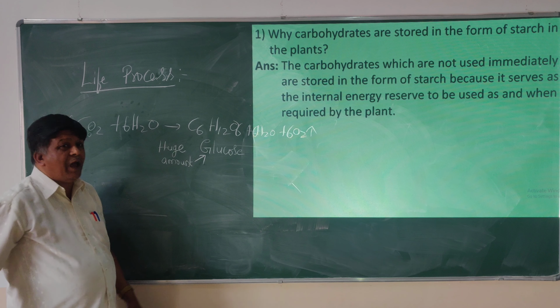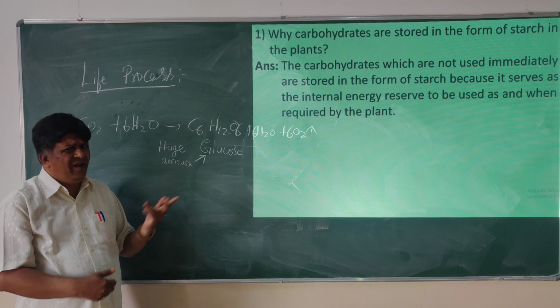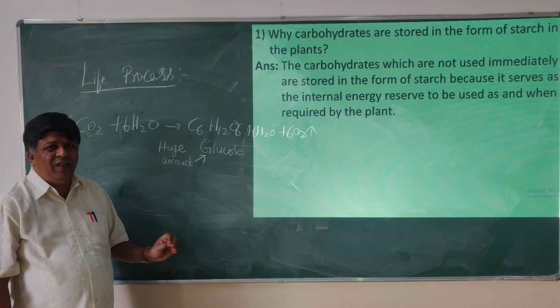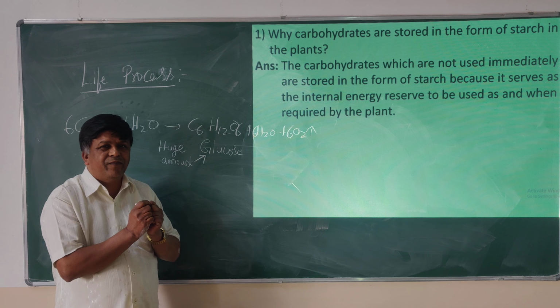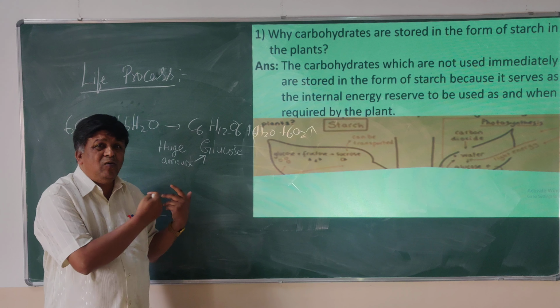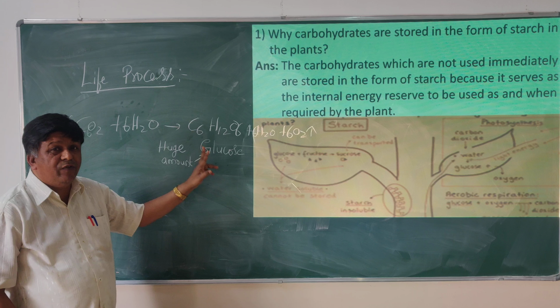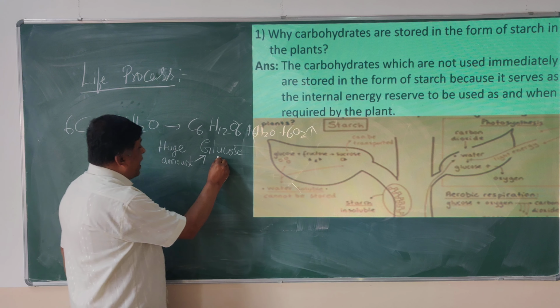Whether the plant can make use of all this? Literally no. Very simple. You get food materials in your house. Will you make use of it all of a sudden? No, you store it. Likewise, this glucose which is produced in the plant, what happens?